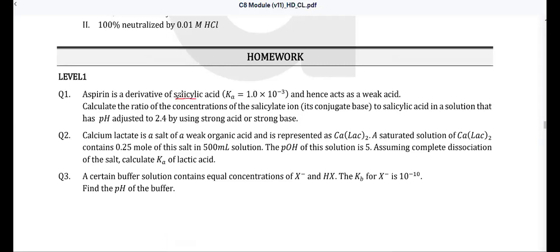Aspirin is a derivative of salicylic acid, a weak acid. Given, calculate the ratio of concentration again. It is a mixture of weak acid and its salt, so it is your buffer. Now, if it's a buffer, pH is equal to pKa plus log salt by acid. pH is given 2.4.